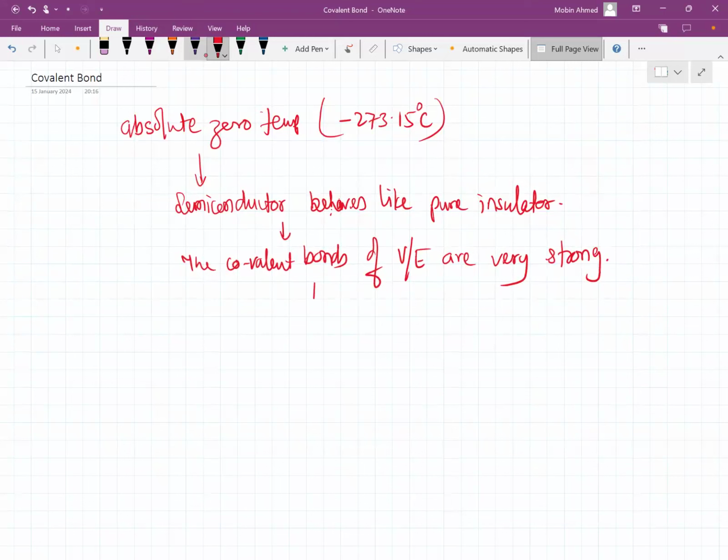If it is very strong, it means there are no conduction electrons. To remove the valence electrons from the valence band to the conduction band, much energy or electric field will be required at this temperature. Okay.